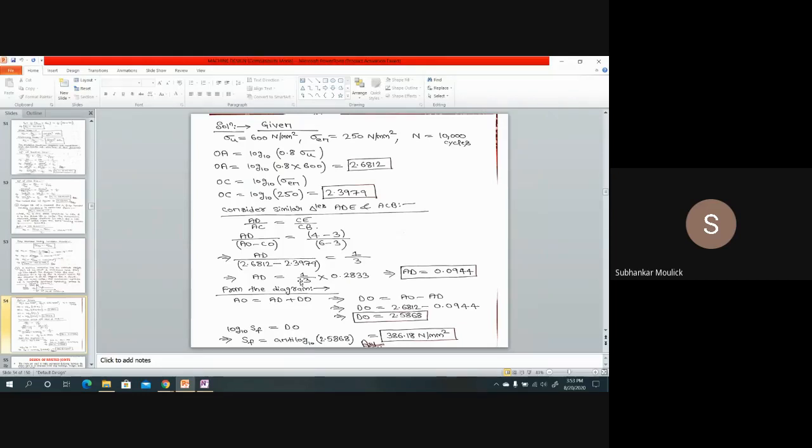AC is AO minus CO. AO we already have, that is 2.68, minus CO 2.3979, equal to 4 minus 3 is 1, 6 minus 3 is 3. With this, if you solve, you will get the value of AD to be 0.0944. Is it clear? Yes sir. Fine. So I got the value of AD.